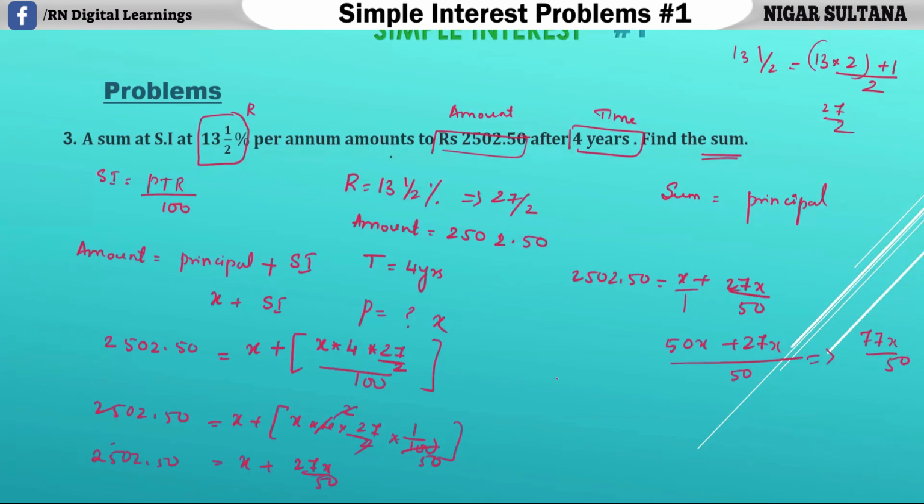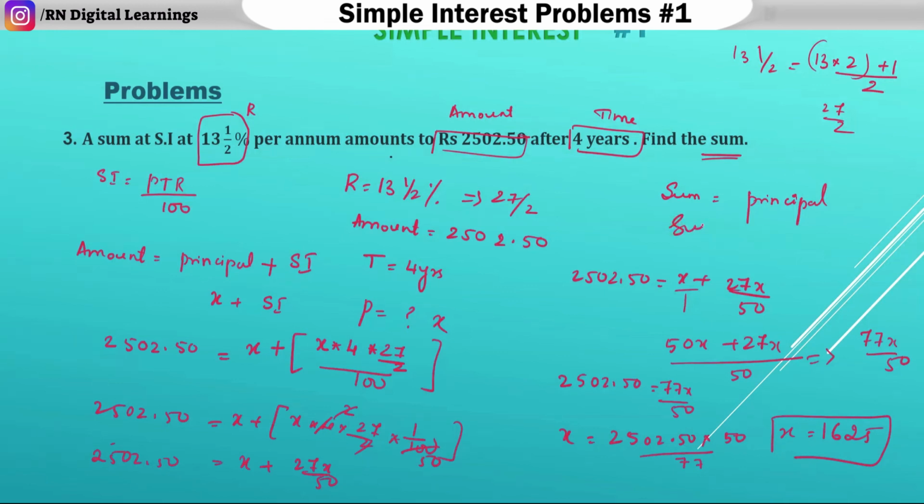So how will you find out the x? 2502.50 is equal to that. Now x value can be written as 2502.50 into 50 divided by 77. We will be getting the value of x as 1625. What is the sum now? The sum value is 1625.